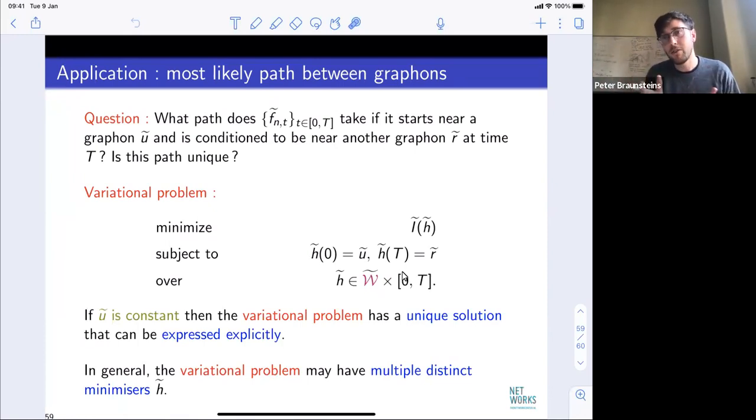When the path is not unique, it means there are at least two most likely ways to get from your original graphon, where every subgraph density is specified, to your final graphon, where every subgraph density is specified. So the subgraph densities can take two different paths to get there in an equally likely way, which is, to me, a bizarre result.